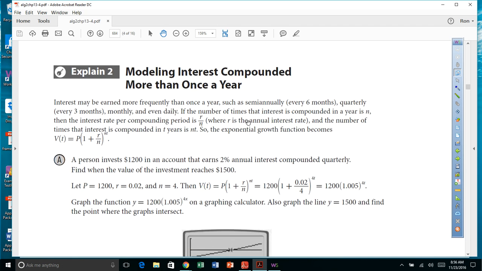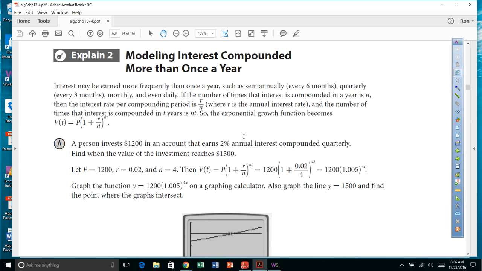Modeling interest compounded more than once a year. Interest may be earned more frequently than once a year, such as semi-annual, every 6 months, quarterly, every 3 months, monthly, 12 times a year, or even daily, 365 days a year.